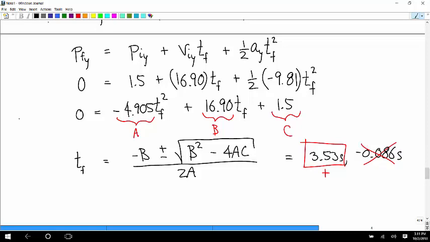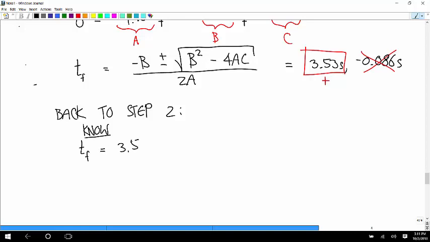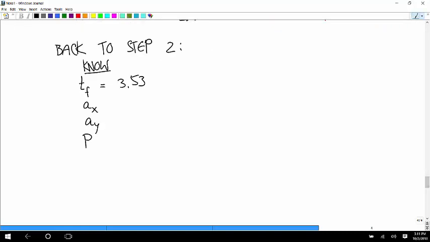And now if we go back to step 2, now we know TF. We know the acceleration. We know the initial position.